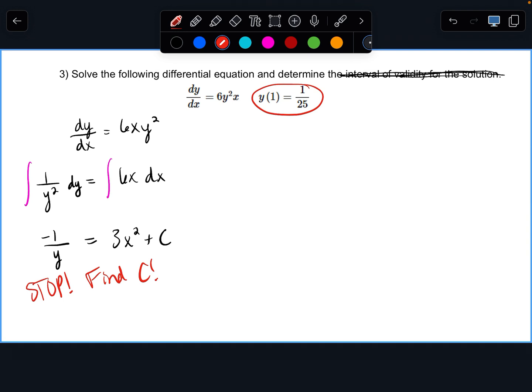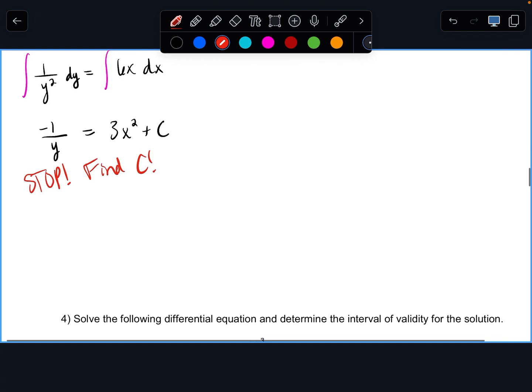Like for Robbie's stuff, his dy dx was the velocity curve, the velocity graph, and his initial condition was y of 0 equals 32. That's kind of what is happening here. These separable equations are nice when you have two different variables, x and y, and you need to find the solution.